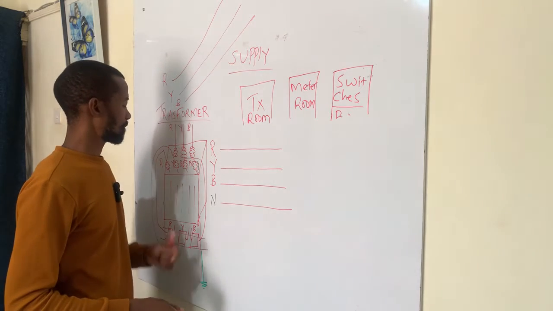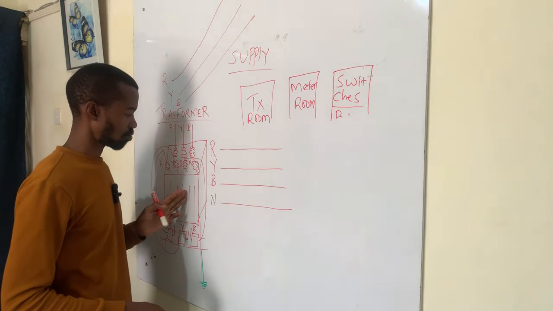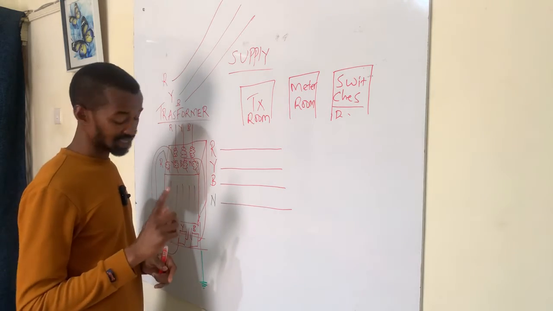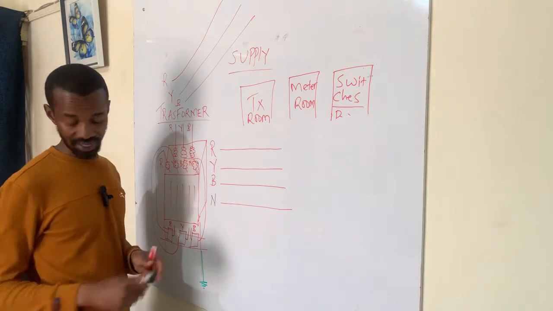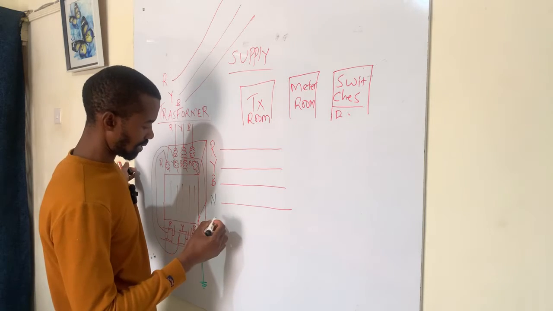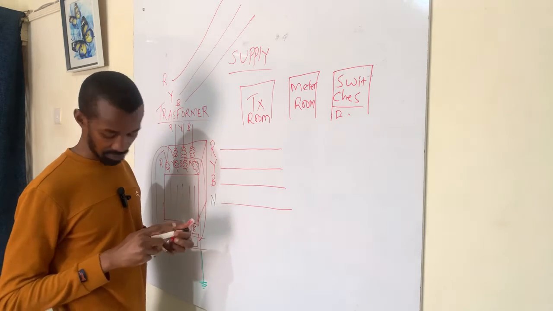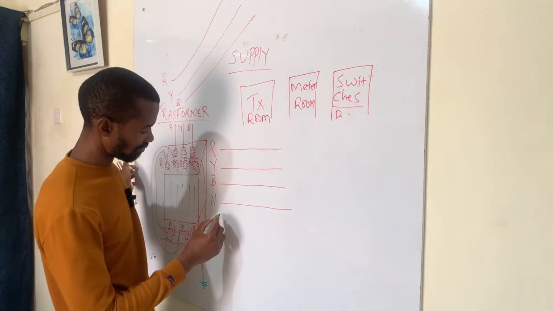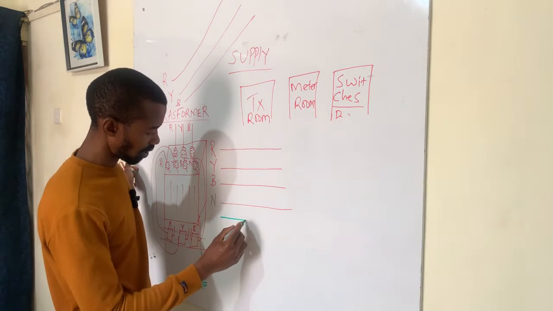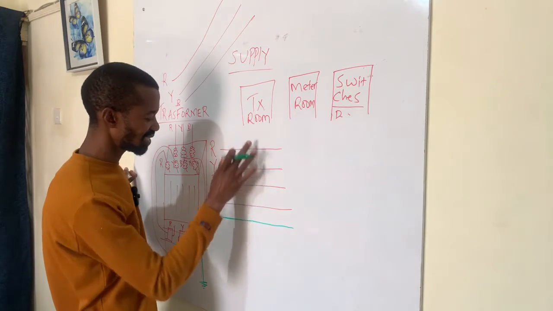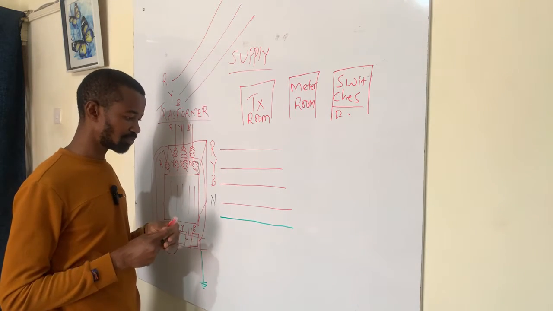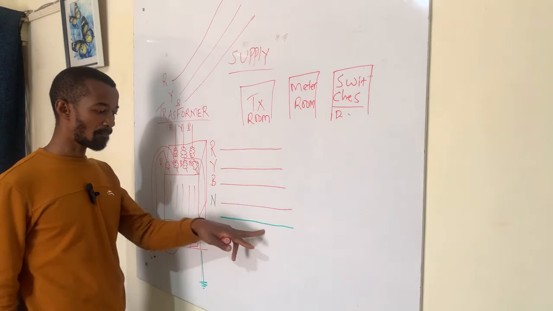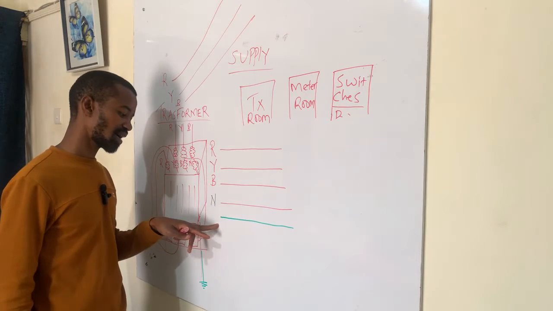So if from our transformer we have this type of connection, in other countries we will have an extra wire here. In fact, let me use a different marker. We will have an extra line for other countries, making this three-phase distribution 5 conductors. What is the purpose of this extra line here?